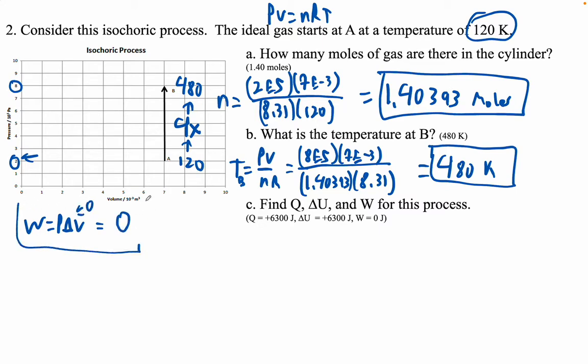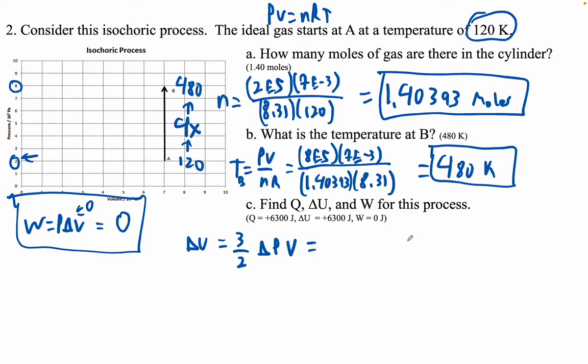Okay, so we know the work is 0. But we don't know the change in internal energy. But we can figure it out, right? Two ways to do it. My preferred way would be that the change in internal energy is 3/2 delta PV. This is how I do it.